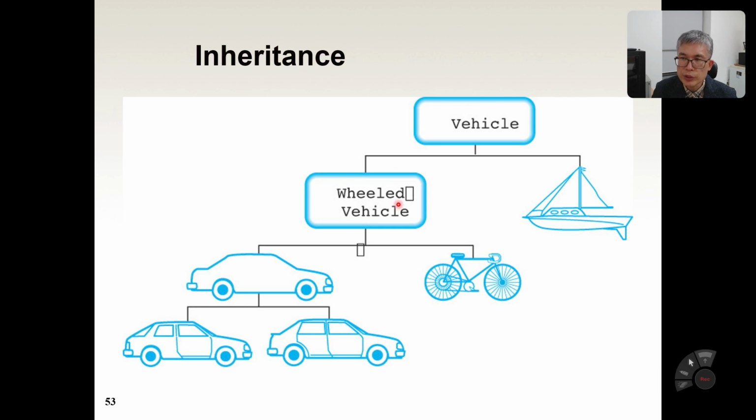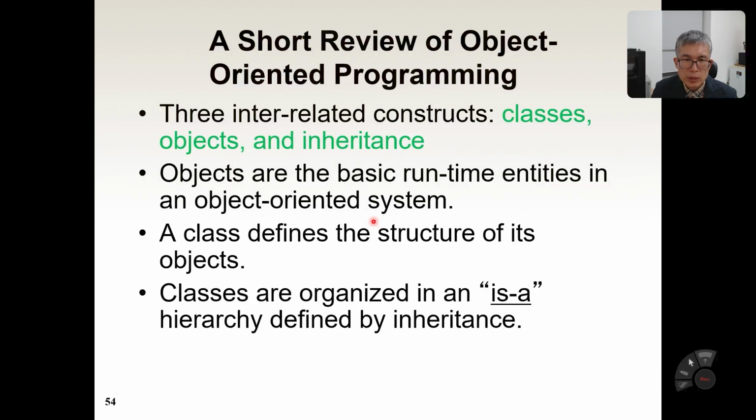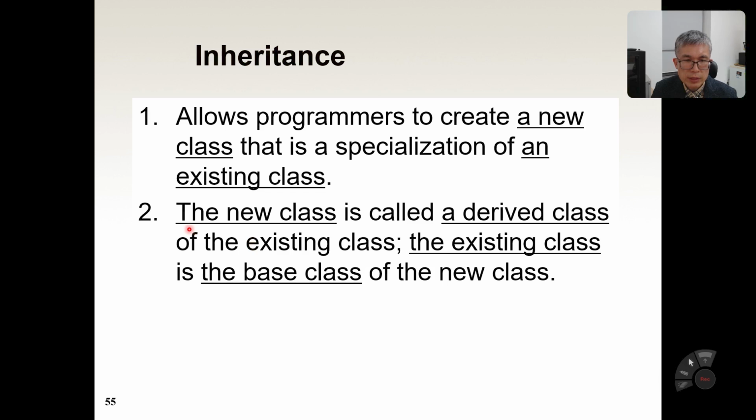We can enrich the class, we can add a new member variable. Also we can override, which means that even though the function name is the same, we can make the functionality different. Secondly, the new class is called a derived class of the existing class.